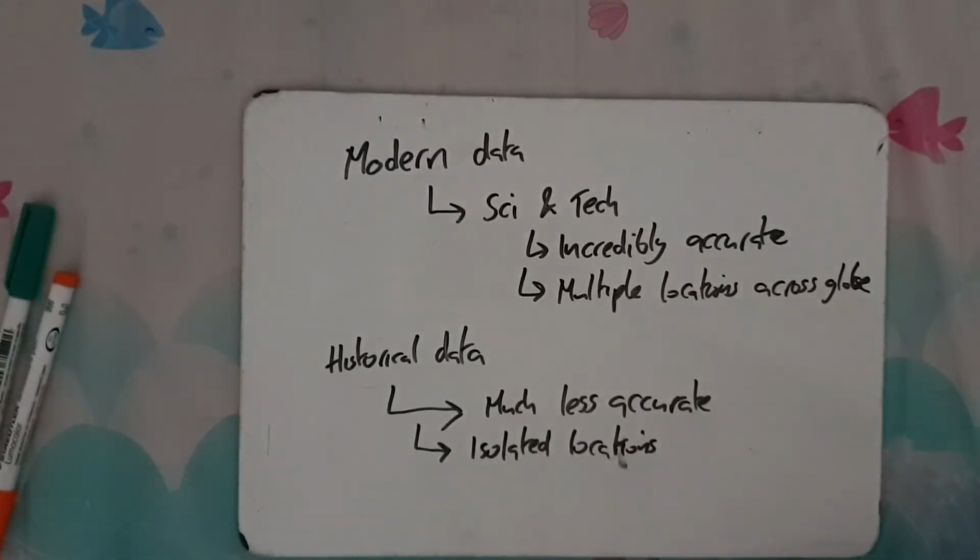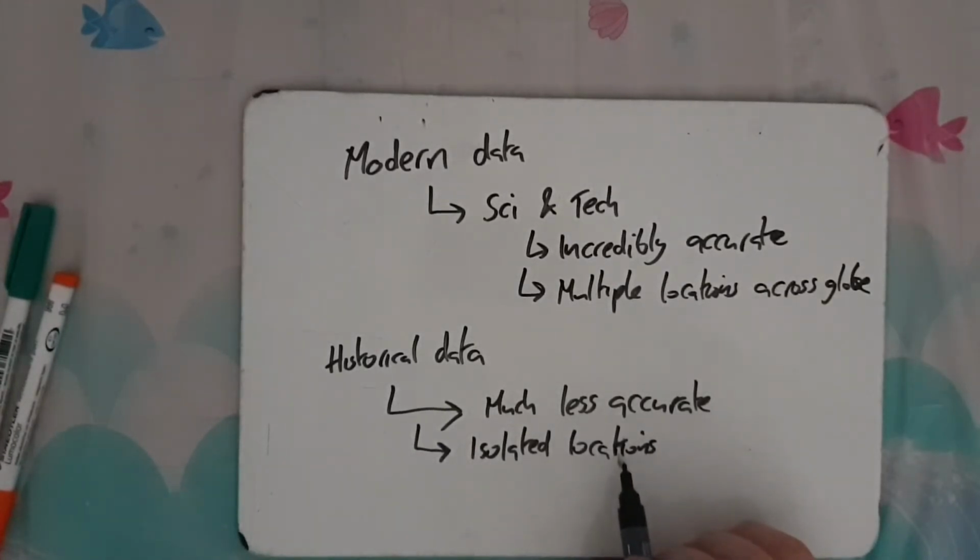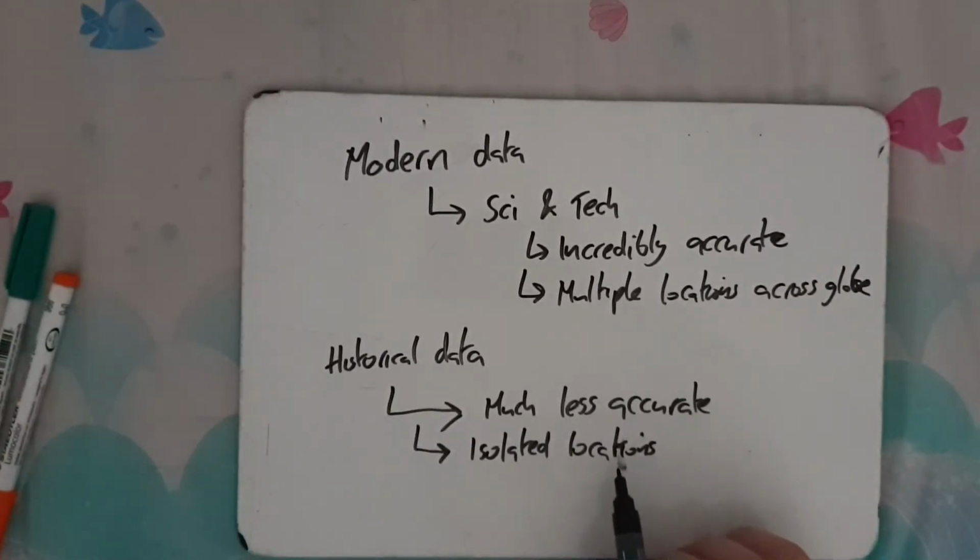The measurements which we have got, where the records have survived and we can look at them, even if we've got 15 measurements of the temperature on the 15th of March in the year 1700, that's 15 measurements from 320 years ago, but only in 15 places across the entire planet.